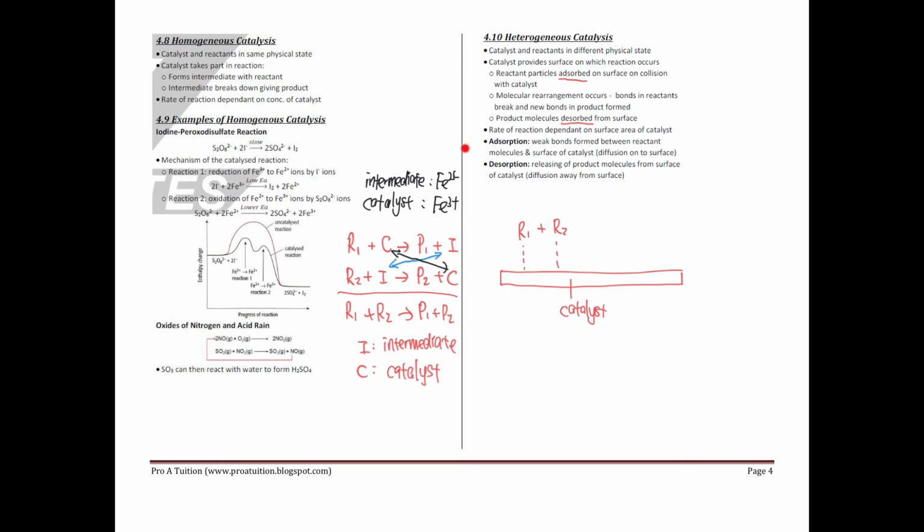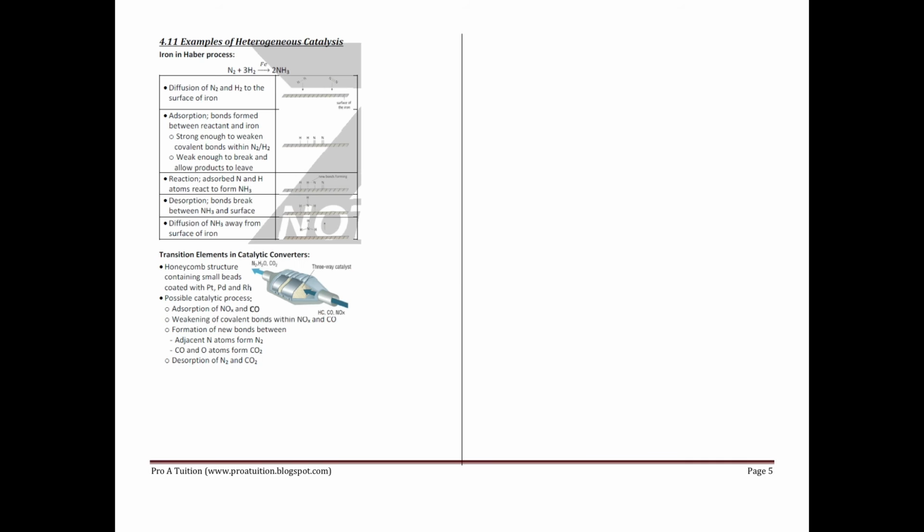So this one, make sure you know intermediate. This one, adsorption, desorption. So they have different important terms for each type of catalytic reaction here. So let us move on.